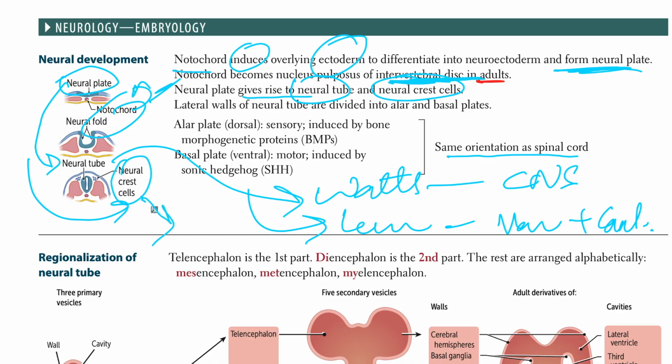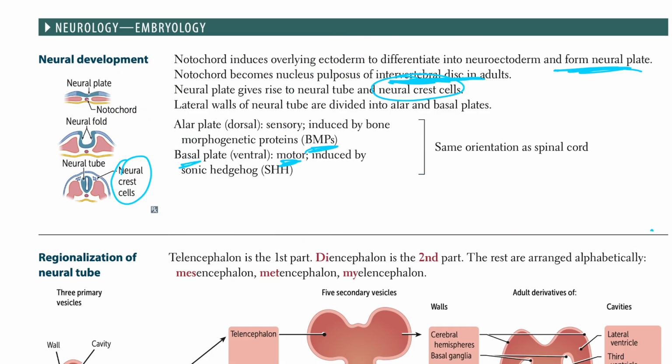Well, these are going to form all of the peripheral nervous system, PNS, and that's all about it. Two things that you have to just remember: that the alar plate, which is sensory, will be induced by BMPs, and the basal plate, which is motor, is induced by SHH, which is Sonic hedgehog. Okay, so let's move on to the next one. What do we have?